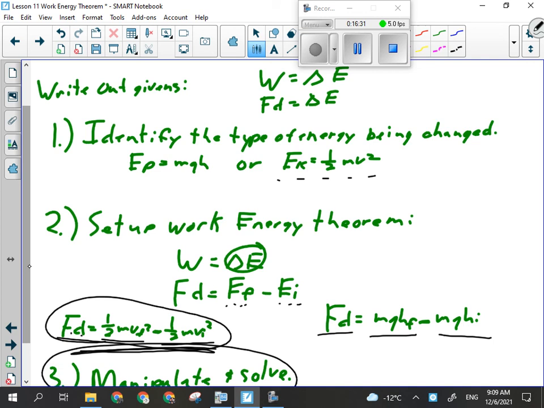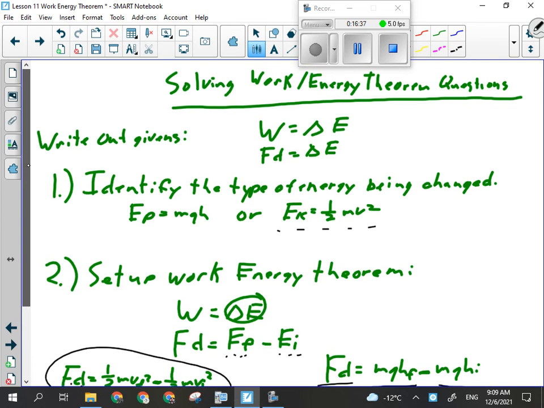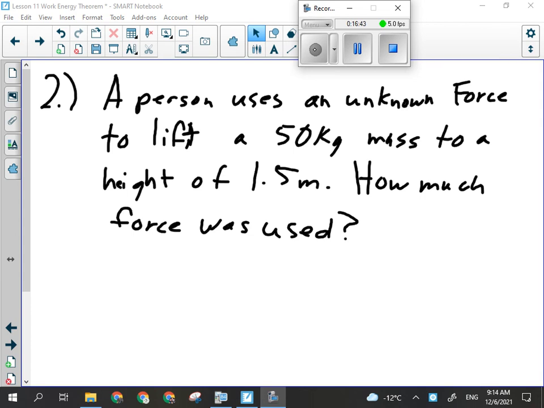All right, I'm assuming some of you are wanting to write that down, so I'll stop. I'll go back up to here, and then I'll slowly scroll it down while you're writing, because that's not in your notes package. Okay, so for this one, they're saying a person is using an unknown force, so this one will probably need the force times distance part, to lift a 50 kilogram mass to a height of 1.5 meters. Now there is a little bit of a trick to this one.